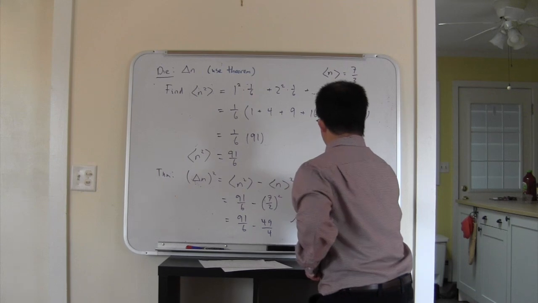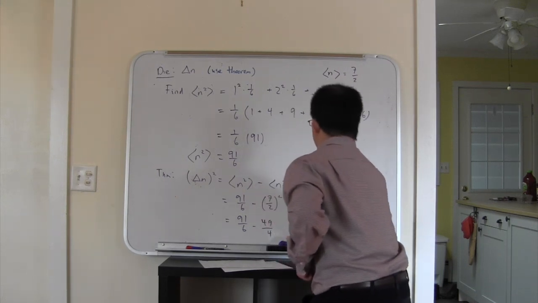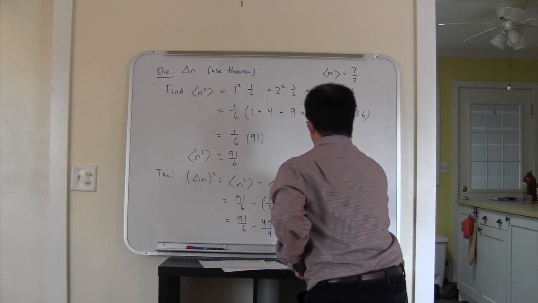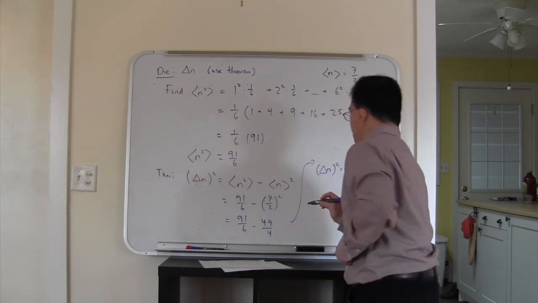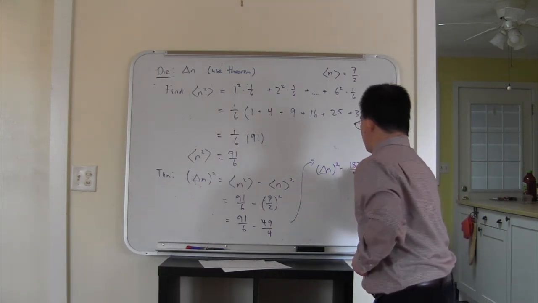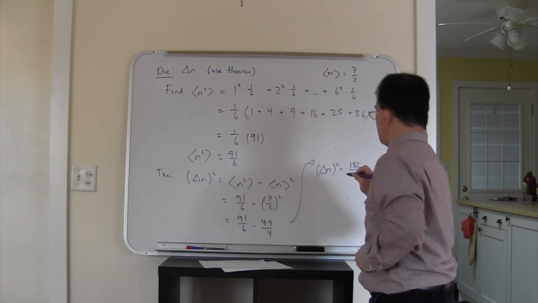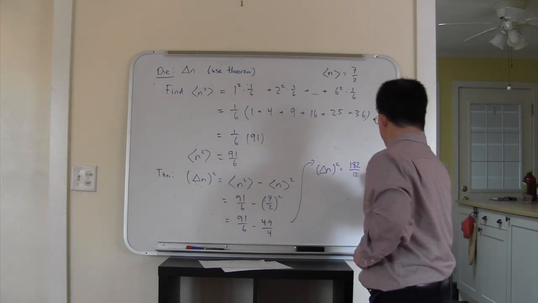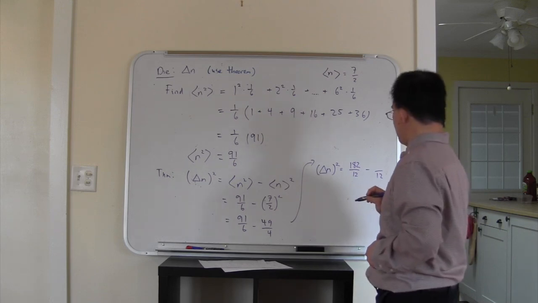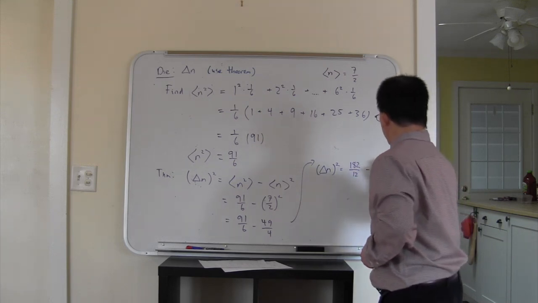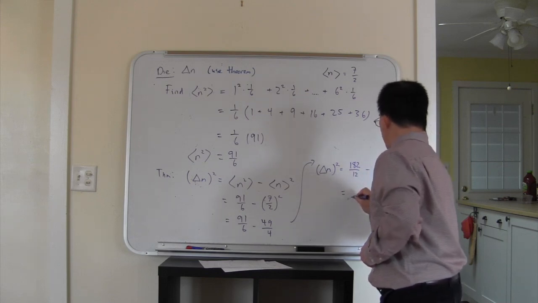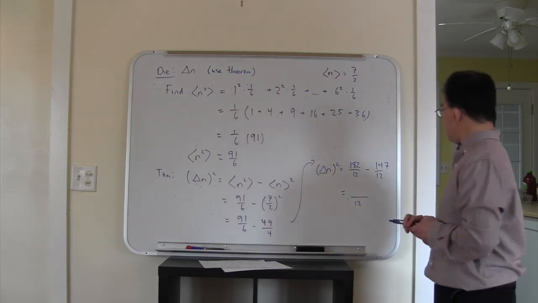We get a common denominator: 182 over 12 minus 49 times 3, which is 147, over 12.